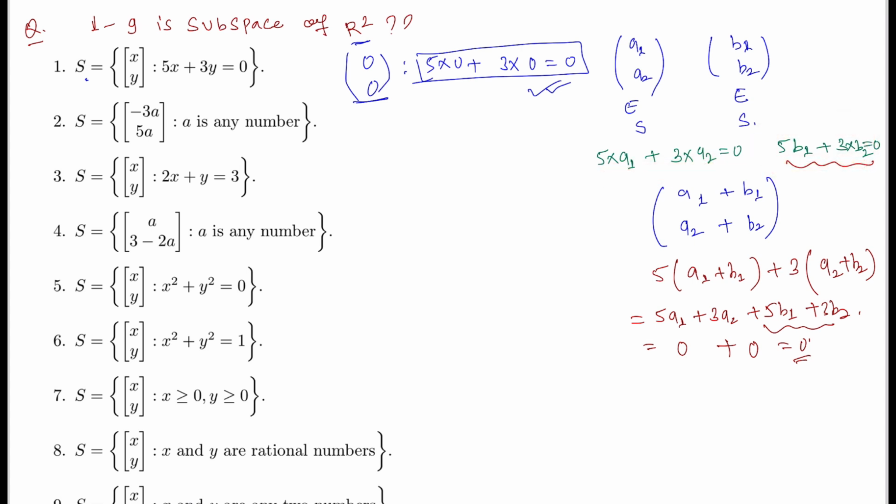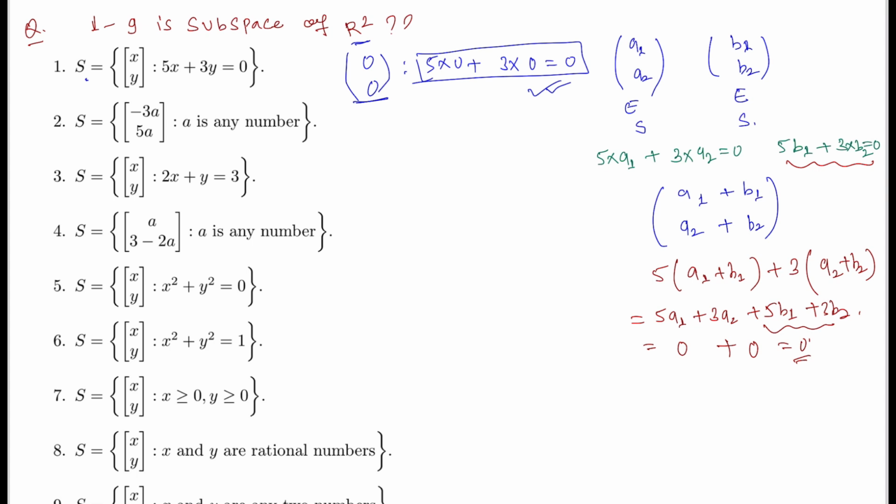Now I have simply added these two vectors, and I am checking that if I do 5 times this first component and 3 times this second component, and add up, do I get 0 or not. So I am getting 0, that means this vector also belongs to this set S. So what I can say is that this is closed under vector addition.